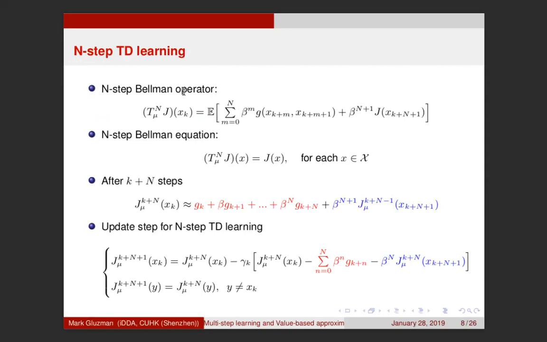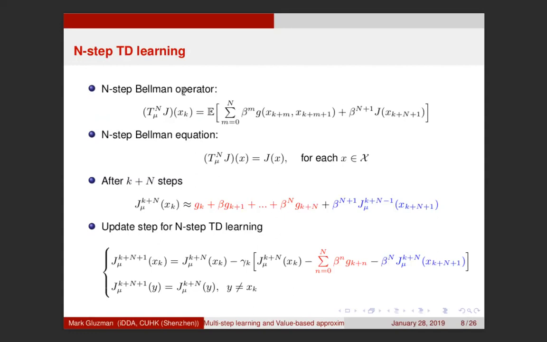In TD0, or zero-step TD learning, we basically take n equal to 0, and we only have one term in this red summation. In the Monte Carlo approach, we run our episode until the terminal time.